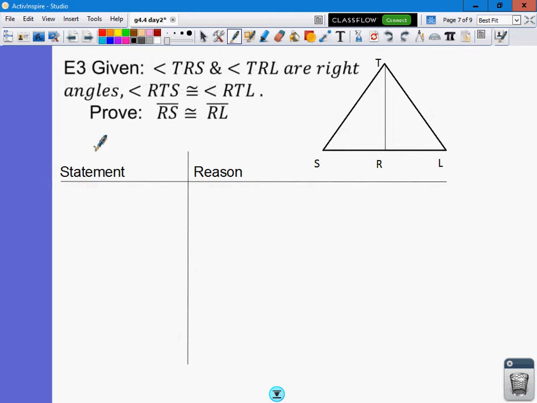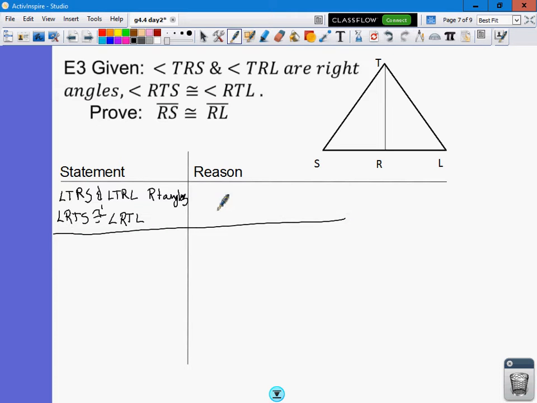Example 3. Obviously, I'm starting with TRS and TRL, right angles. And angle RTS is congruent to angle RTL. This was given. And I'm going to mark those in my picture.